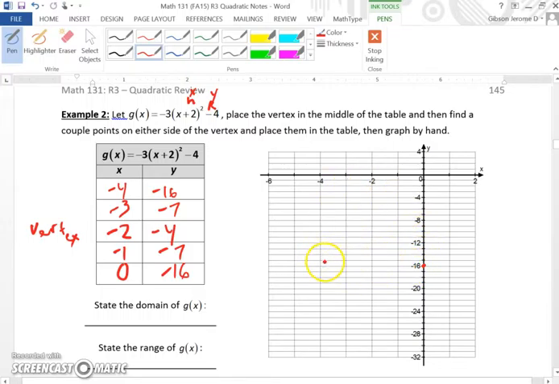And then when you draw your graph, now listen, I don't have the points because they disappeared, but your graph should resemble something like this. Actually, I went up a little too high. It shouldn't go past the negative 4.